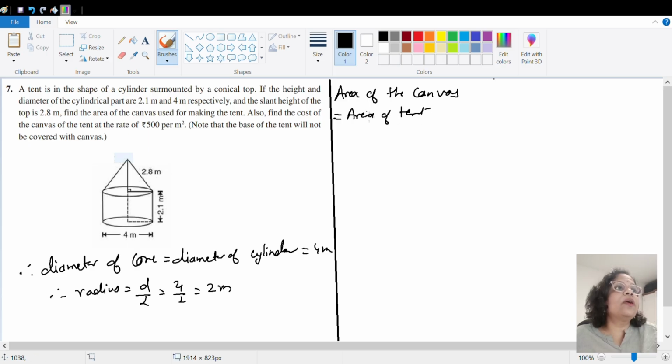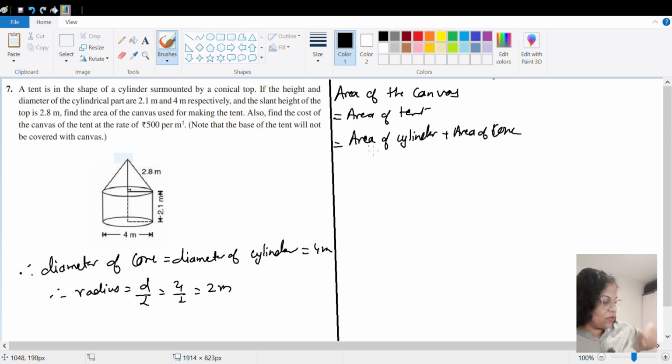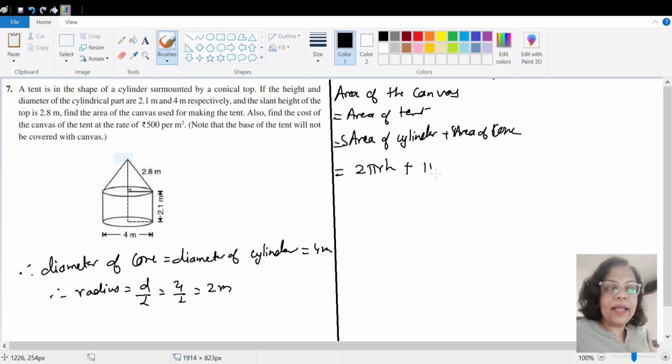That will be equal to the area of the cylinder plus the area of the cone. So basically this is the surface area of the cylinder and the surface area of the cone. The surface area of the cylinder is 2 pi r h and of the cone is pi r l. If you take pi r out, you are left with 2h inside, and here it will be l.